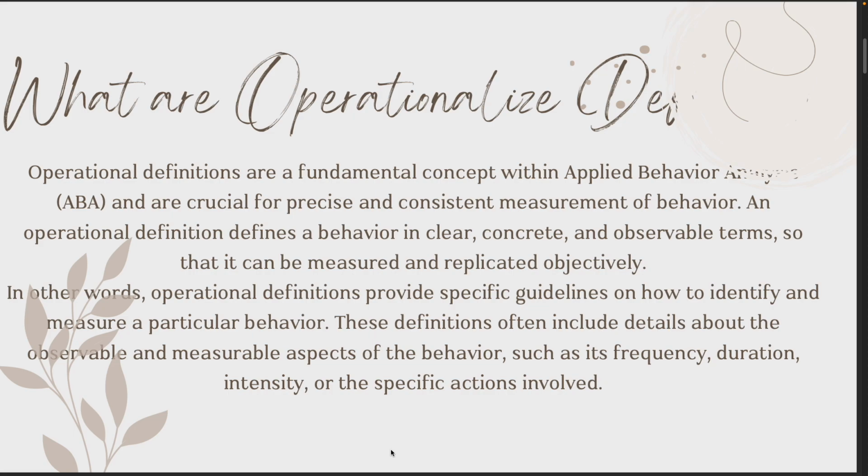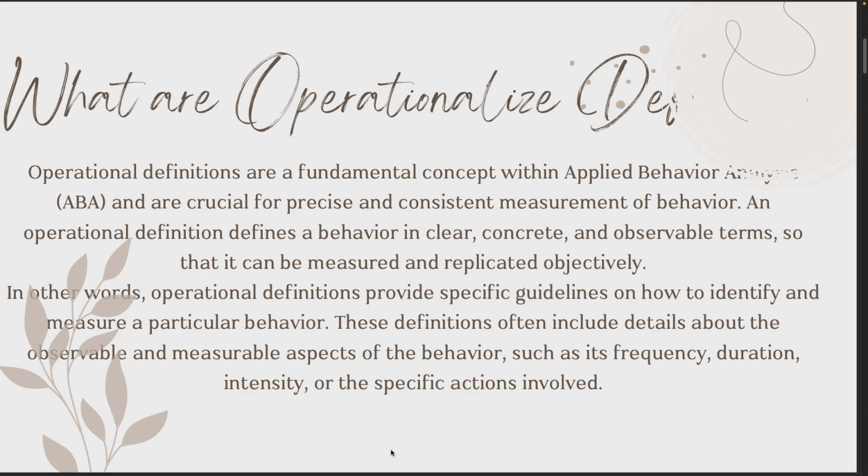These definitions often include details about the observable and measurable aspects, such as its frequency, duration, intensity, or the specific actions involved. How I like to remember this is, as long as we can take this program, for example, or this behavior, and I can give it to 5 people and they are looking at the exact same behavior and measuring that behavior in the ways that I planned for them to measure it, that's when we know that an operational definition is effective.